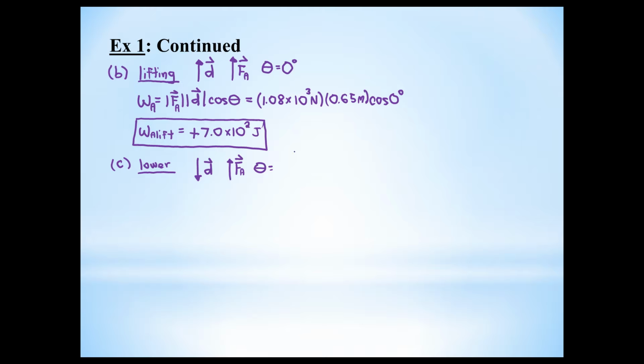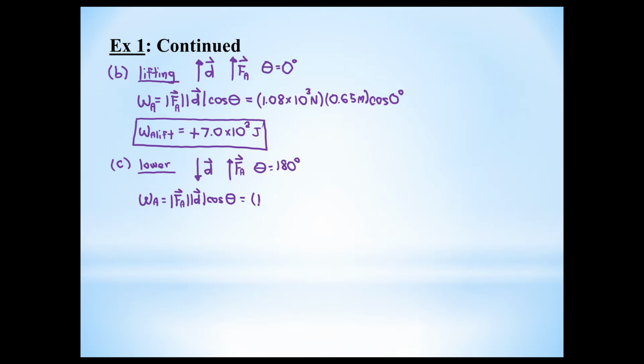Well, it'd be 180 degrees. Let's go ahead and calculate the work again. So we could say the work done by an applied force is equal to the magnitude of the applied force times the displacement times cosine of theta.